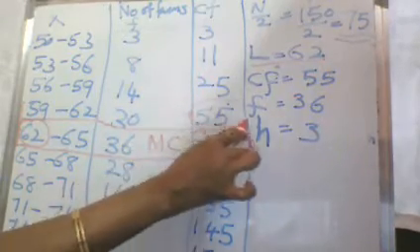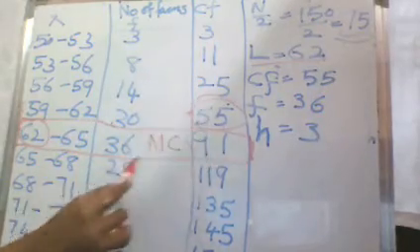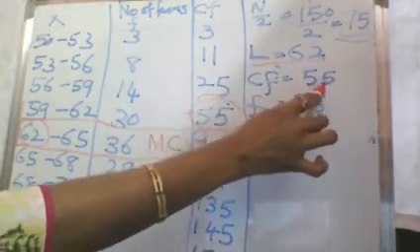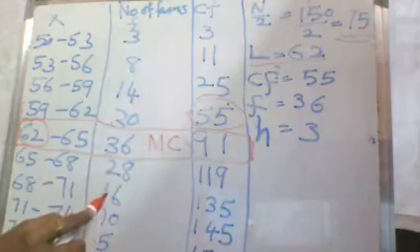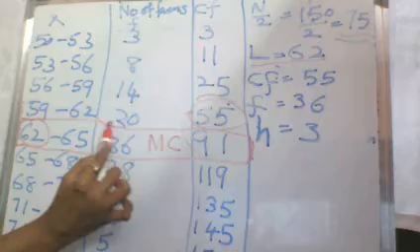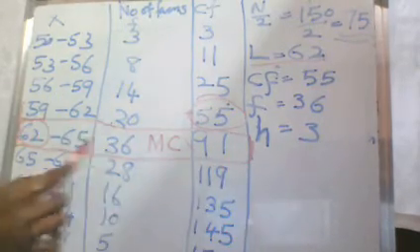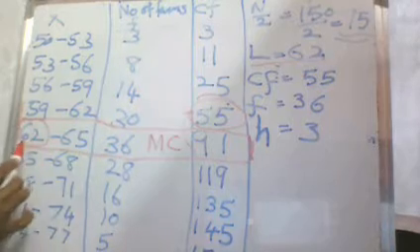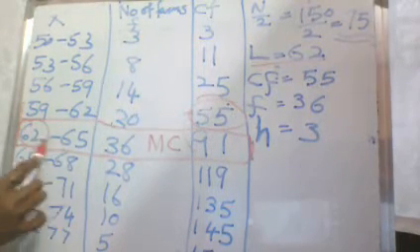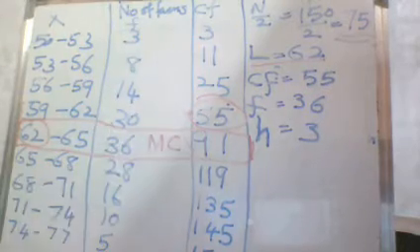Then the next one is the frequency of the median class, that one is 36. And the next one is the class interval of that median class, 62 to 65. The class interval is 3.